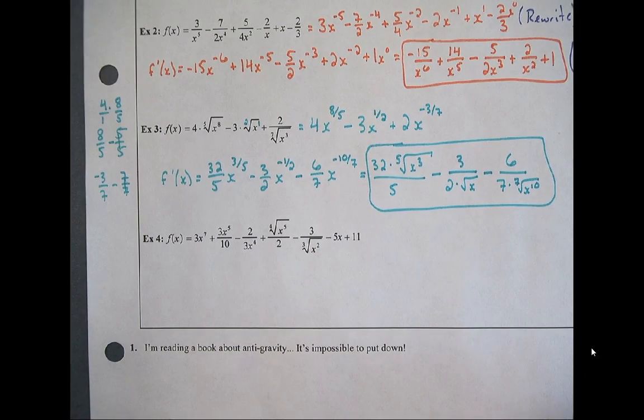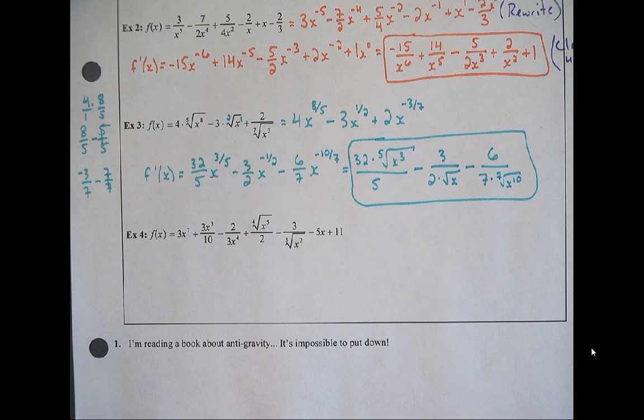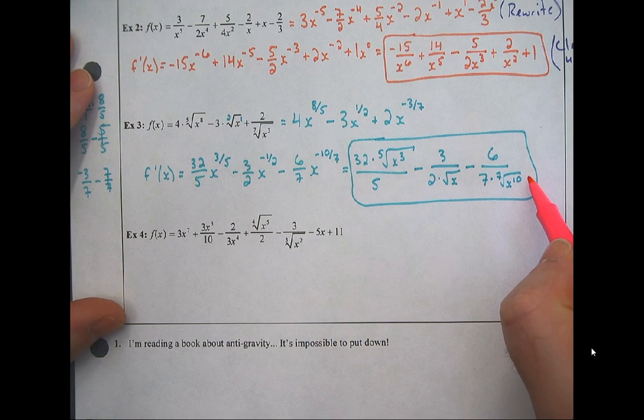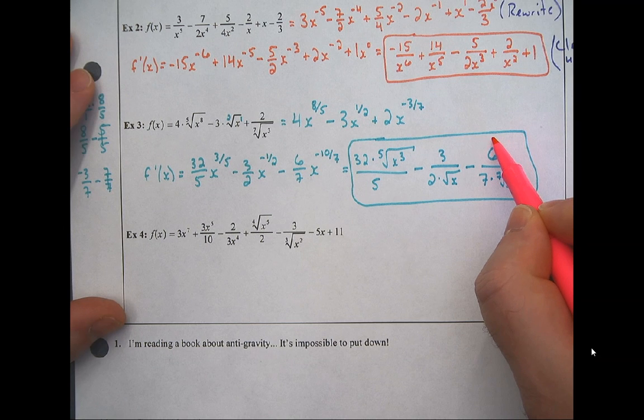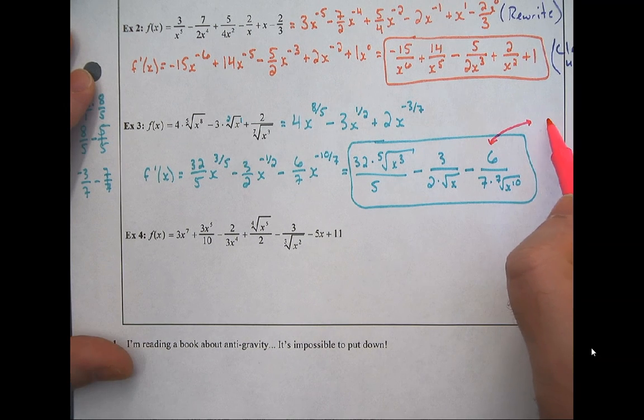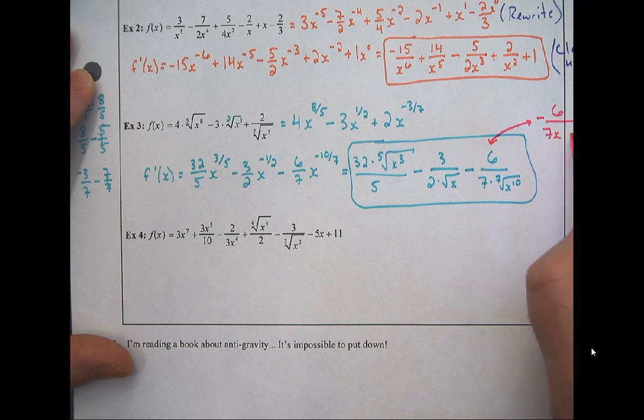Now this is actually a little bit sneakier of a cleanup than for my AP Calc kids. I want to show you a little note here. This fraction would actually look like this probably on a multiple choice test: 6 over 7x times the 7th root of x cubed.